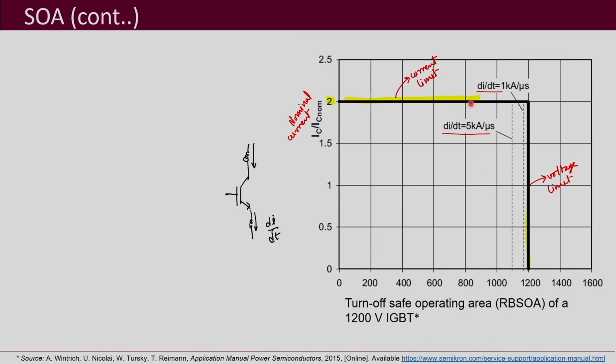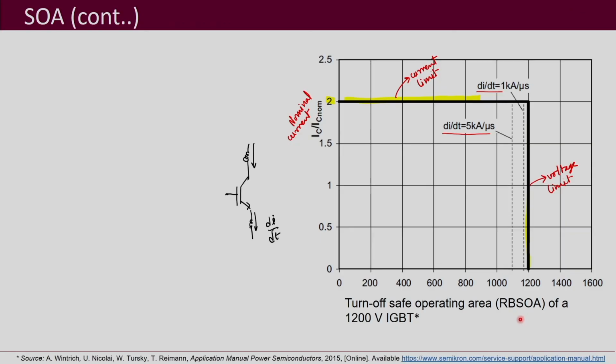Now we do not see any of these sloping lines here, which were because of the power dissipation limit, because it is only for the turn off, for a very small period while the device is turning off, and therefore those linear region limitations are not applicable in case of RBSOA, and so they are not present in the RBSOA diagrams that you see.